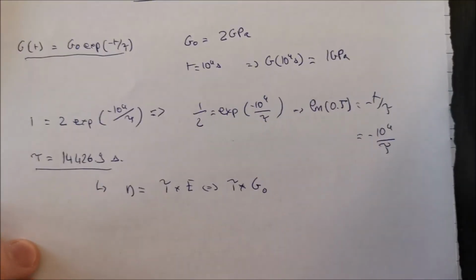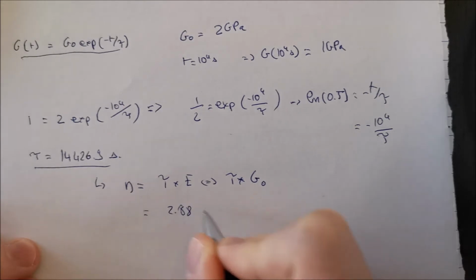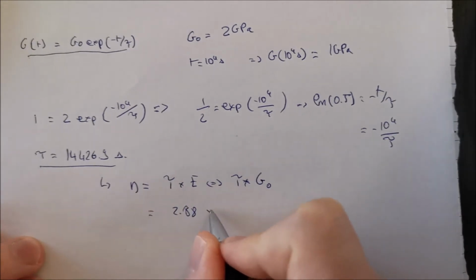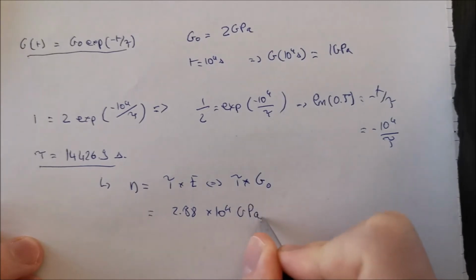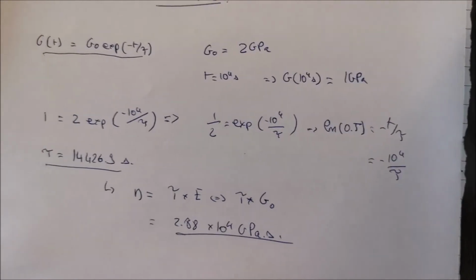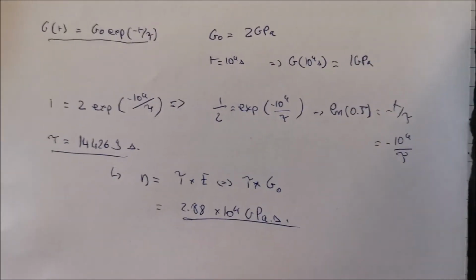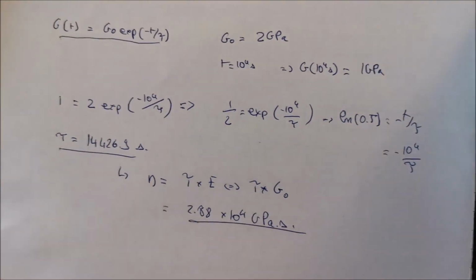And we will obtain a viscosity of 2.88 times 10^4 gigapascal per second. So we are just calculating this as all this information is provided in the problem, and it seems like we may need this later on, so why not calculate it right away?